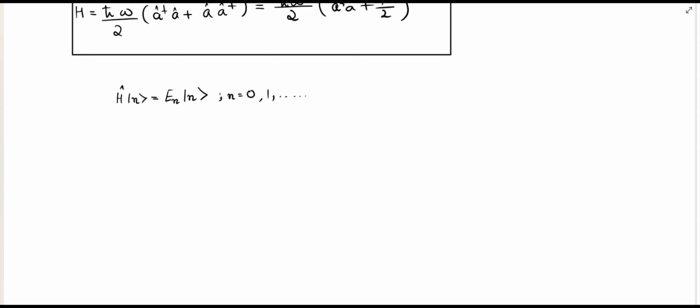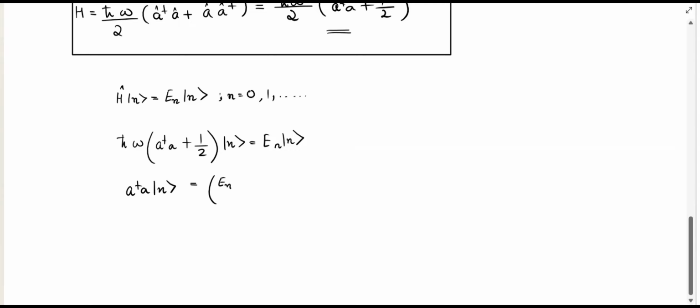Now then, using the right hand side from above, that is this particular equation, we can see that h bar omega times a dagger a plus half acting on n is equal to E_n n, or a dagger a acting on n, by doing some algebraic multiplication here, we will see that it is equal to E_n by h bar omega minus half, times n.